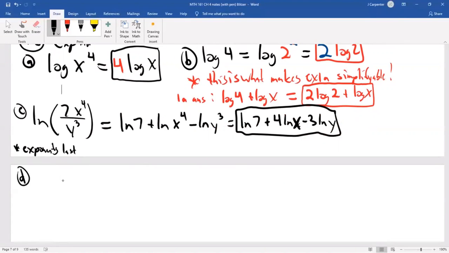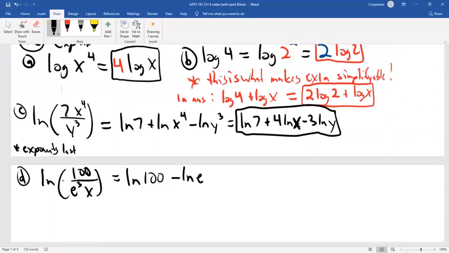One more like this, for good measure, the natural log of 100 over e to the 3rd times x. So again, we're going to have to handle the exponents last in this process. So that's a natural log of 100. 100 was in the top, so that's a positive.